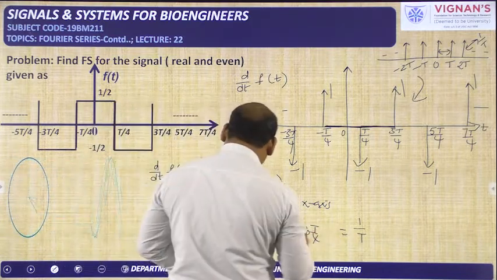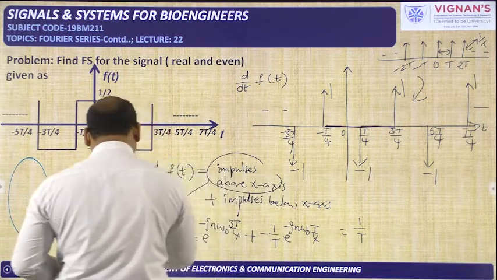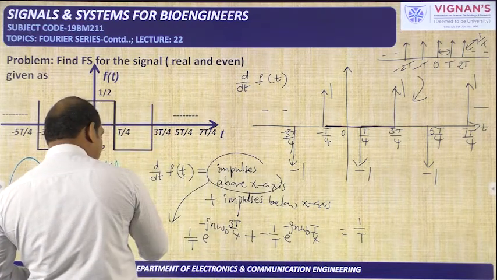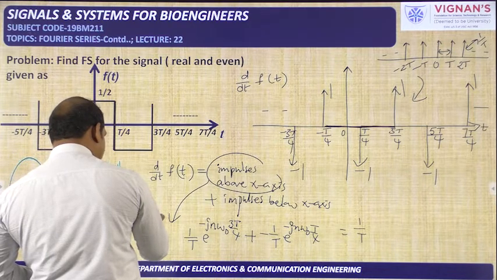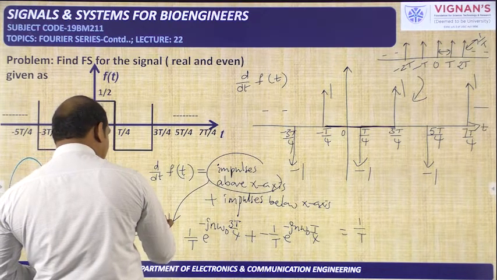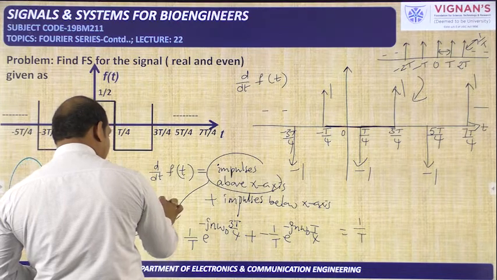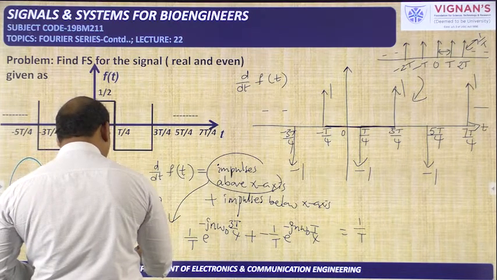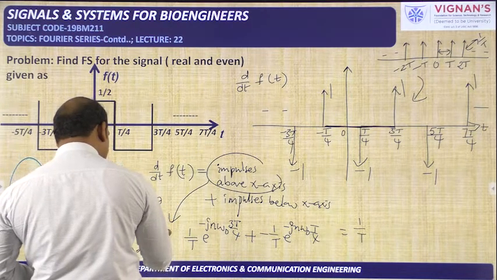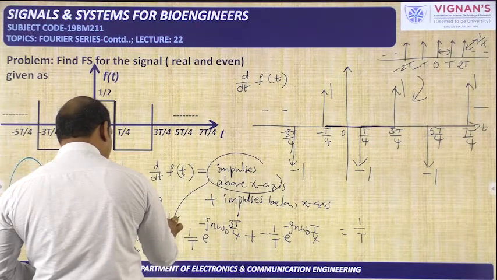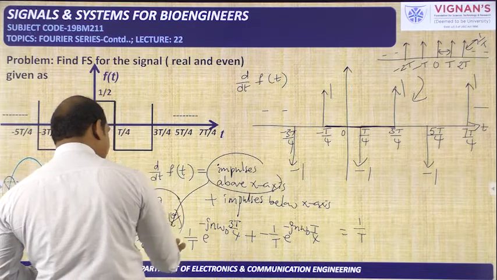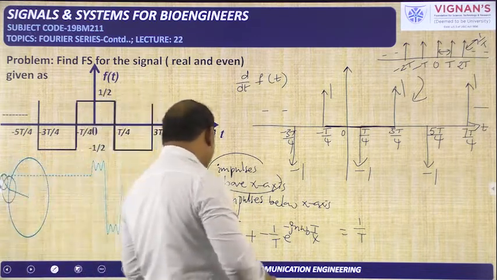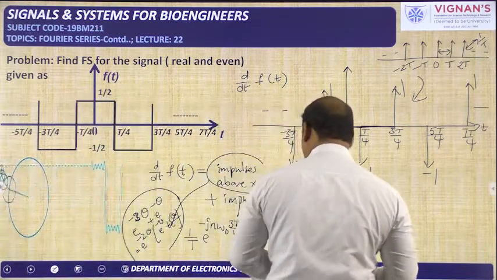For simplicity I am writing here, e power minus 3 theta plus e power minus theta. In these two, if you take e power minus 2 theta as common, we get e power minus theta plus e power plus theta, like this you can write. Same thing I am performing here. So 1 by T is there in both the terms, so I have taken it common.